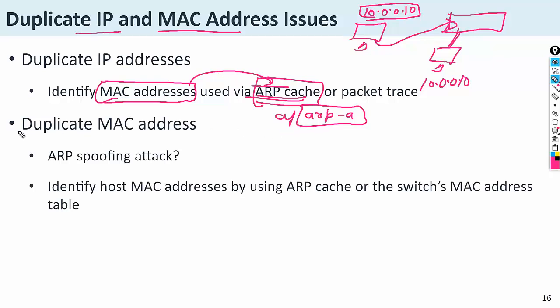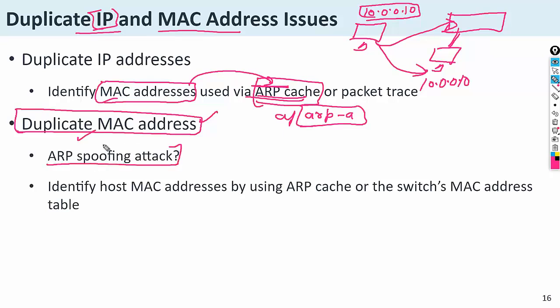So why is there a duplicate MAC address? The question is that a duplicate IP address is possible, and I gave the example previously. But how is it possible for a MAC address to be duplicated? There is some type of attack, and then there is a possibility of a duplicate MAC address.